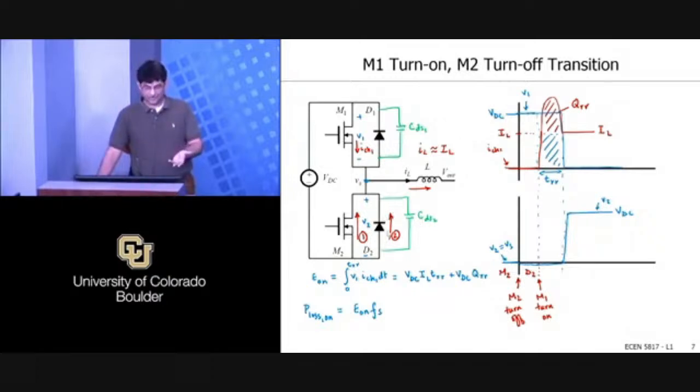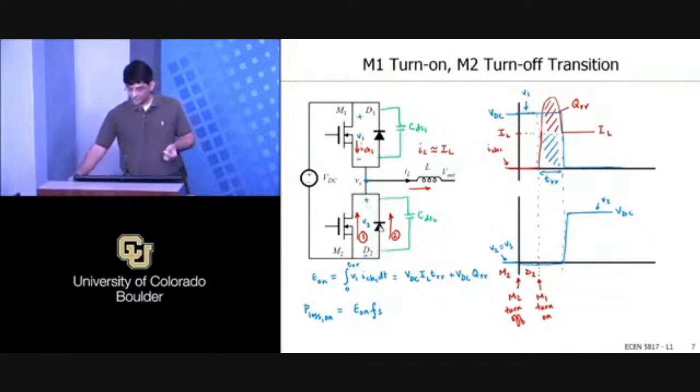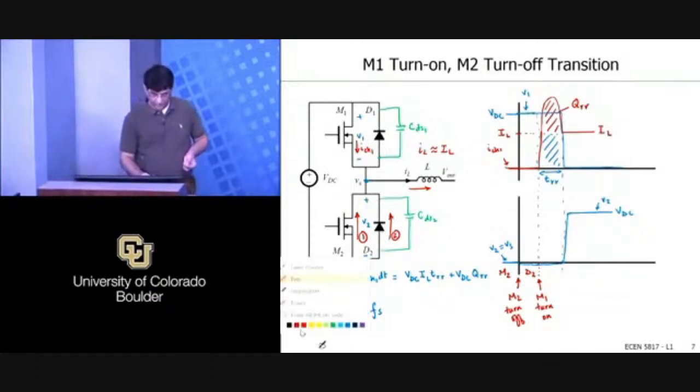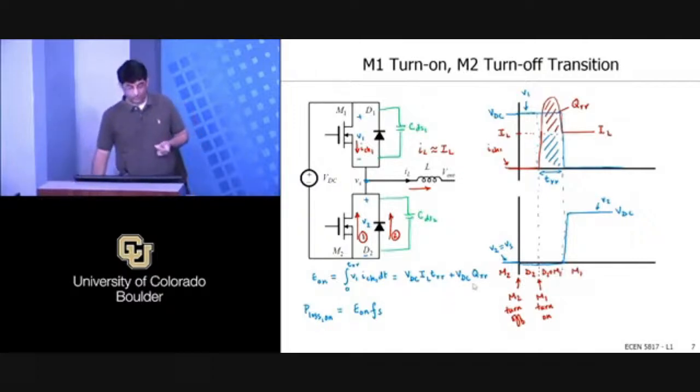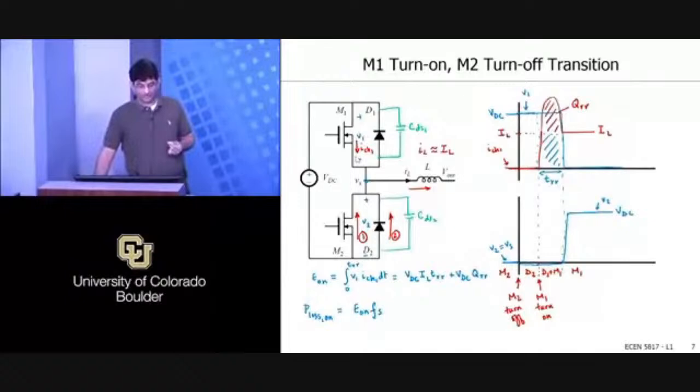So you're back to the situation where the diode is conducting. Not much changed really. Then when you go to turn on M1, and remember, in this time period you have both D2 plus M1 on, and then this is where you just have M1 on. So when you go to turn on M1, what's the initial condition?